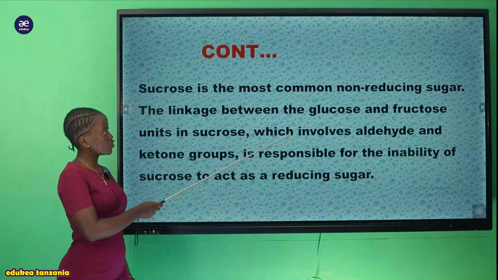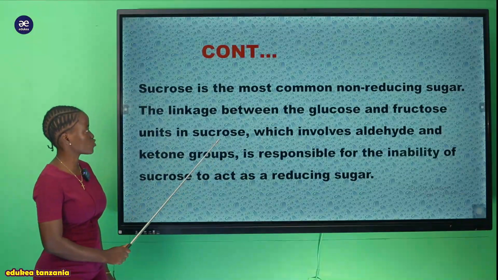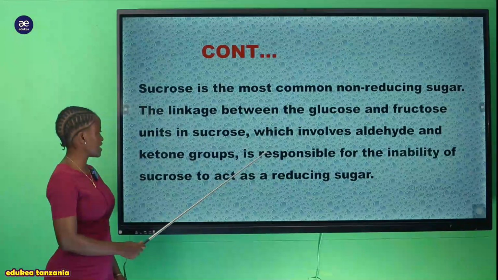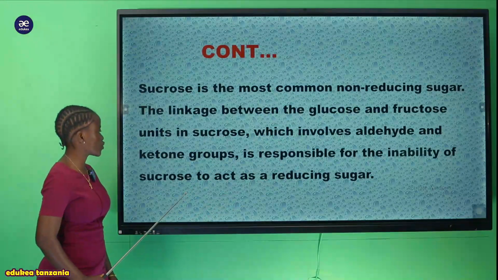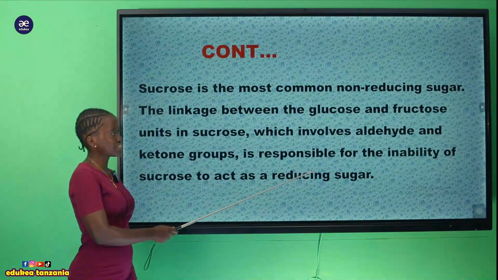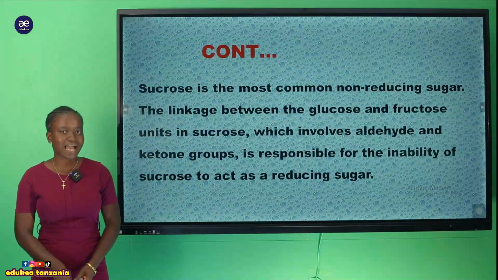The linkage between the glucose and fructose units in sucrose, which involves the aldehyde and ketone groups, is responsible for the inability of sucrose to act as a reducing sugar. This is a very simple answer.